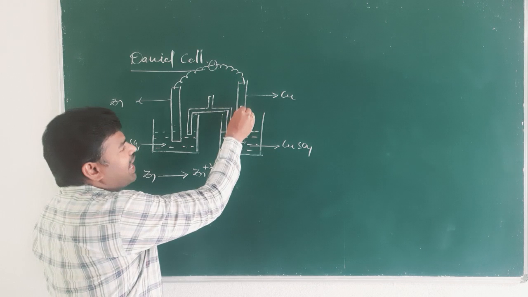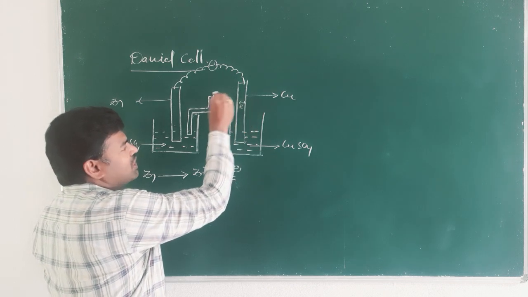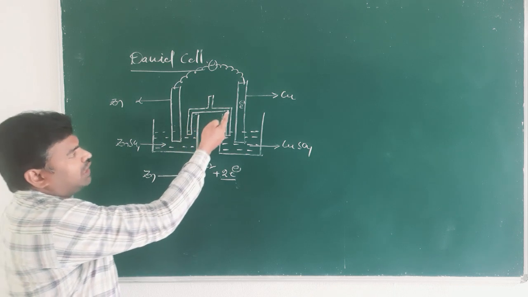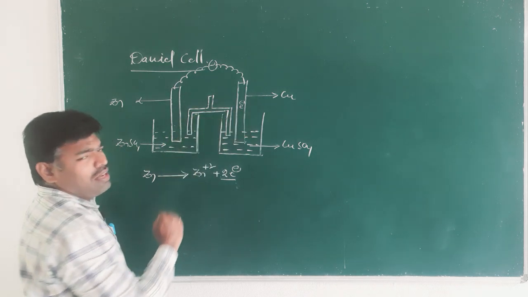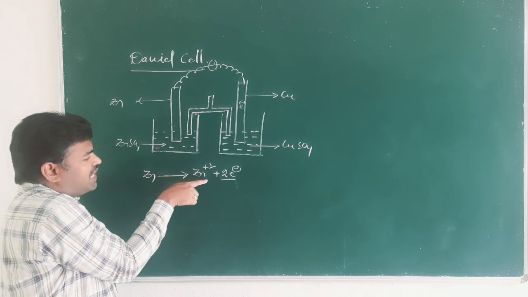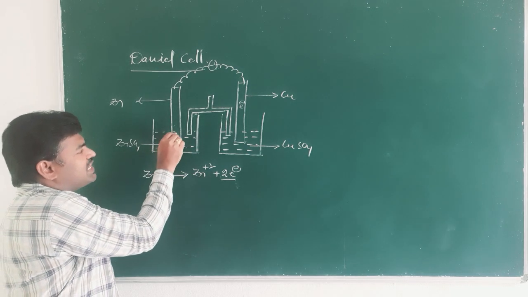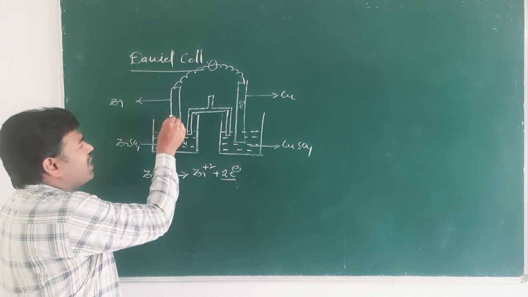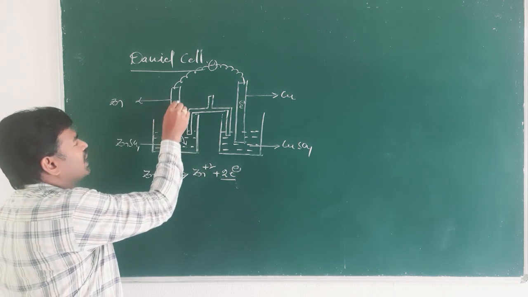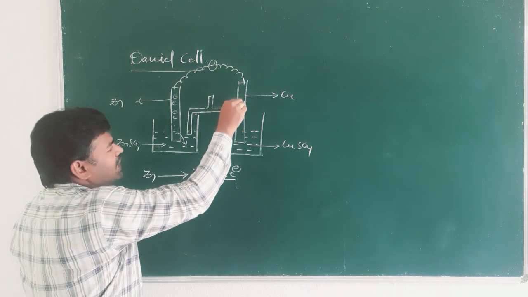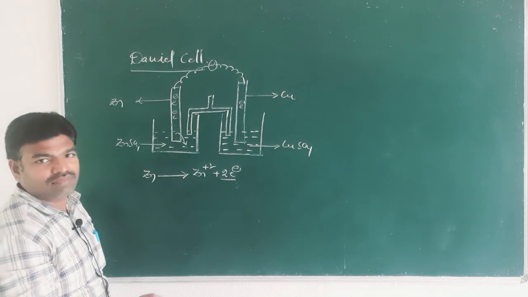Owing to the availability of electrons, zinc undergoes oxidation. Owing to the oxidation, Zn+2 ions go into the solution, and electrons move into the ammeter and thereby enter into the copper rod.